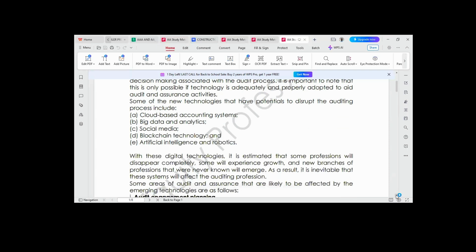A cloud-based accounting system is a system where all the postings that you do are on the accounting system, either an accounting package or an ERP. Now, what is the difference between an ERP and an accounting package?